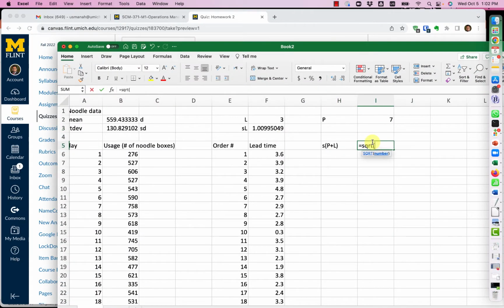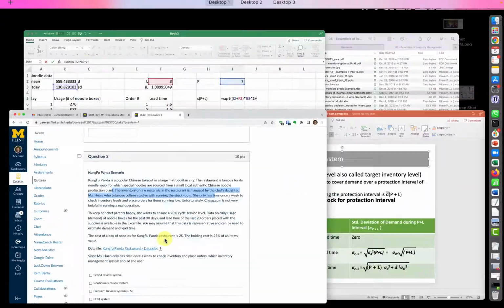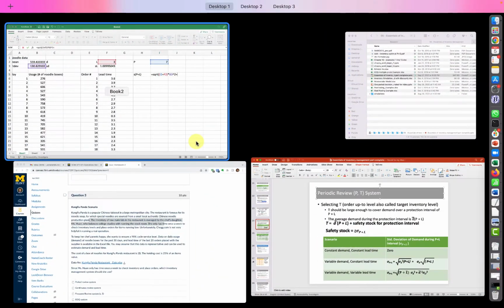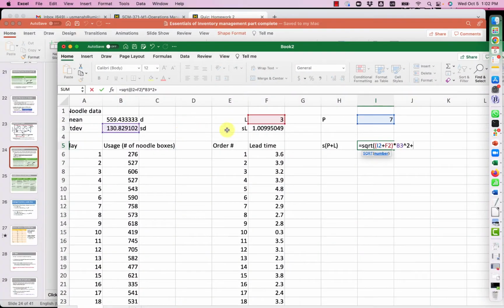So we do the square root of P plus L times the standard deviation of demand squared plus, let's check the slides again to get it exactly right, the average demand squared times the standard deviation of lead time squared.